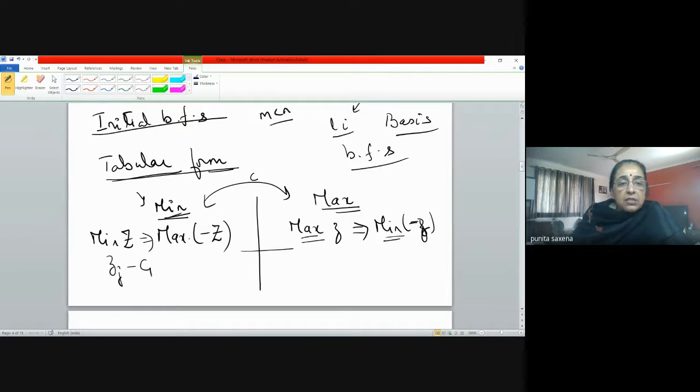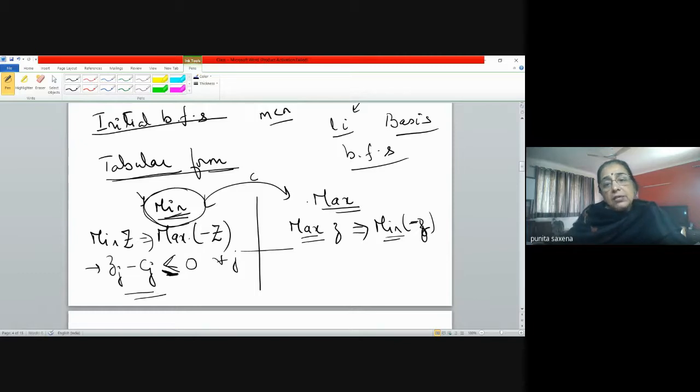That your Zj minus Cjs should be less than or equal to 0, for all j, because for basic variables they will be equal to 0, and for non-basic they can be either less than 0 or equal to 0. If Zj minus Cjs are all less than or equal to 0, we terminate, because this becomes the optimality.